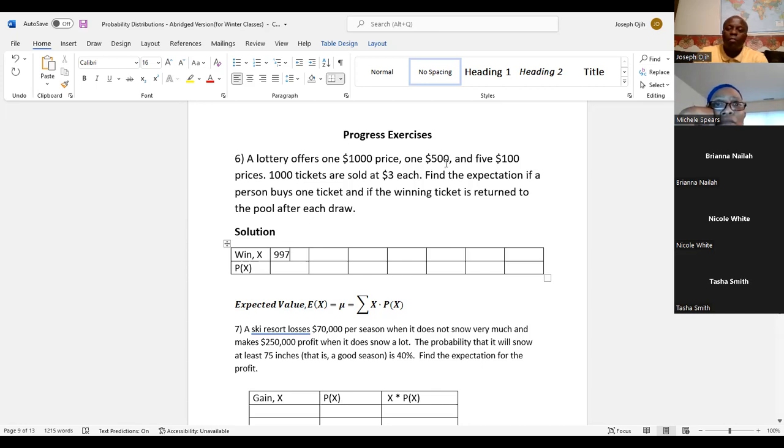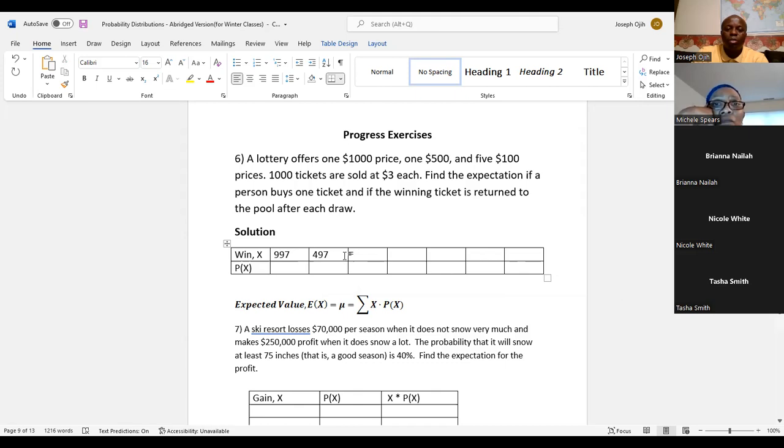The same thing applies to $500. When you win, they'll give you a check of $500, but your actual win is $497 because nobody will give you back the $3 you spent. So here it will be $497.